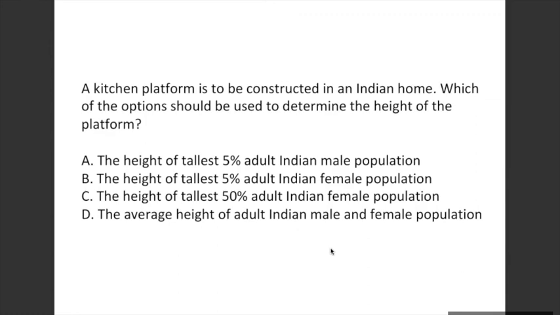Will I take the height of the tallest 5% of the adult Indian male population? Height of the tallest 5% of the adult Indian female population? Height of the tallest 50% of the adult Indian female population? Or the average height of the adult male and female population? Just think about it logically and answer.